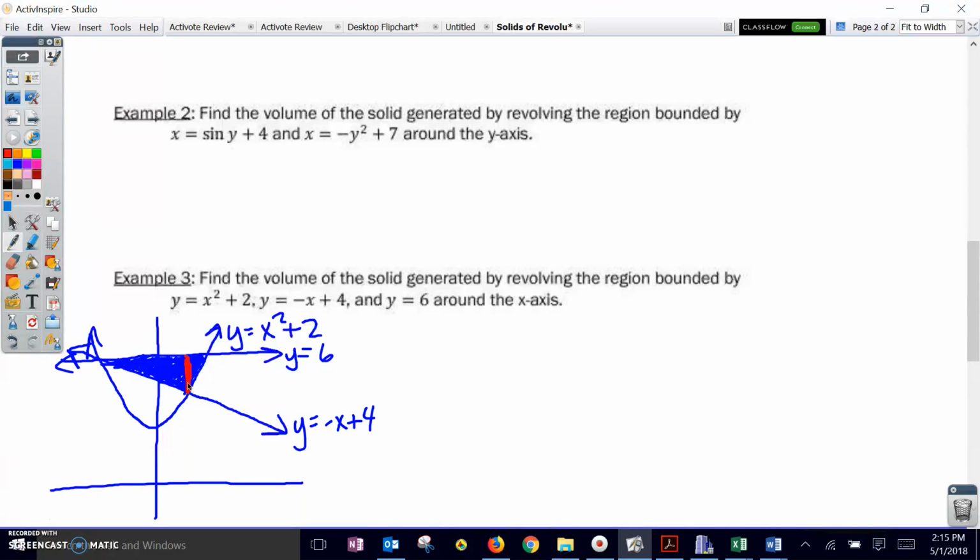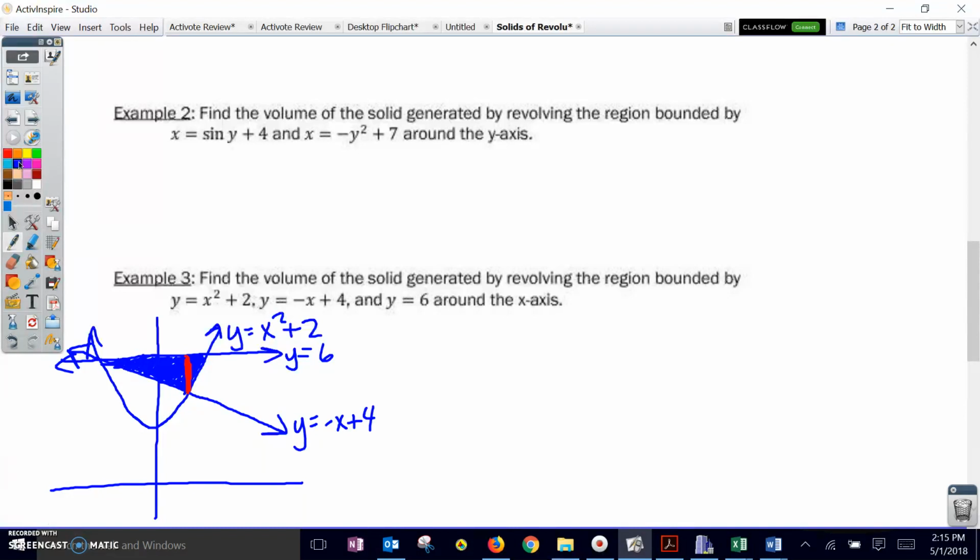It changes from being the line y equals negative x plus 4 to being the parabola y equals x squared plus 2. And so in order to find the volume here going around the x-axis, it's actually going to require two integral expressions. One to get the volume of the portion of the solid to the left of that red line, and one to get the volume of the solid for the portion of the region to the right of that red line.